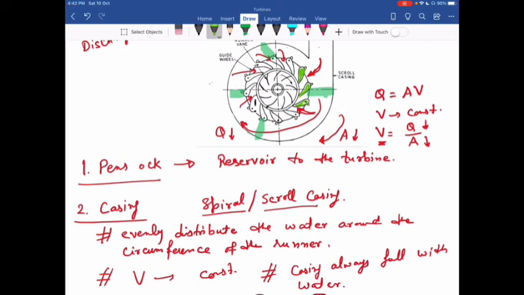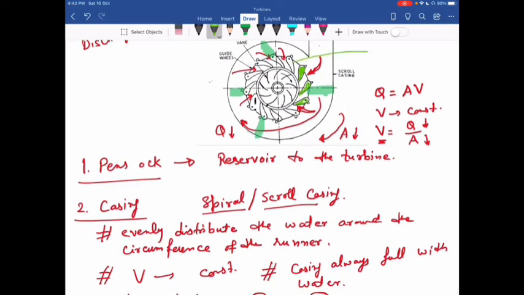These guide blades have a special shape that we call airfoil type. We provide the guide blades with this cross section to facilitate smooth and eddy-less flow.